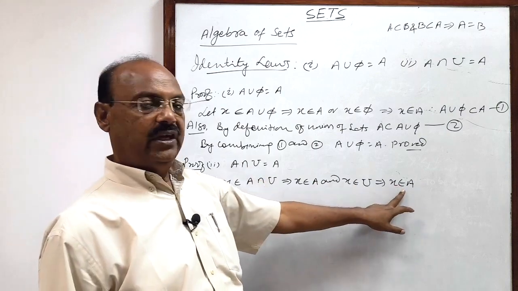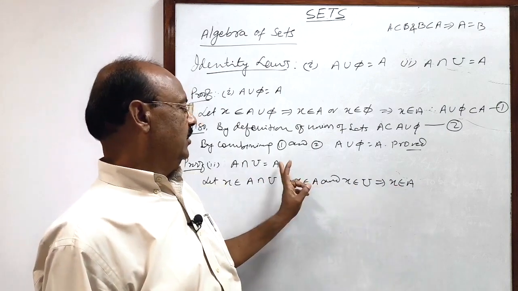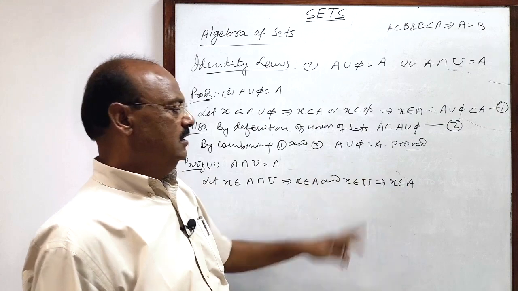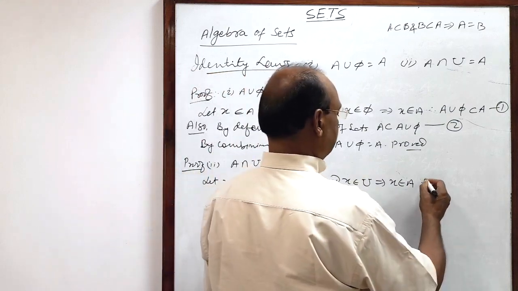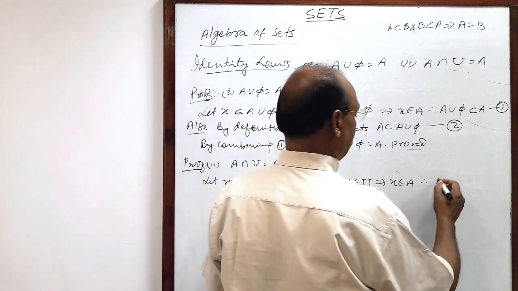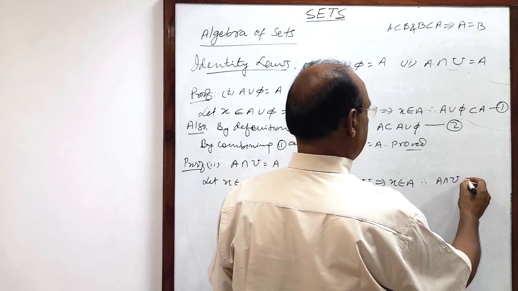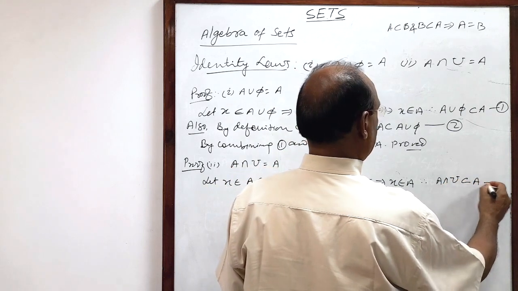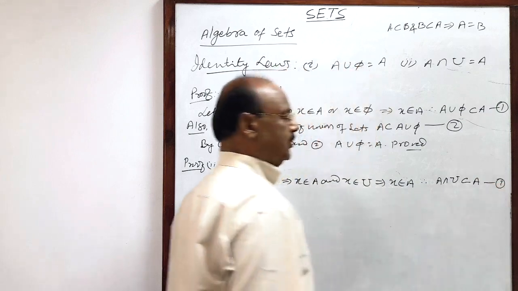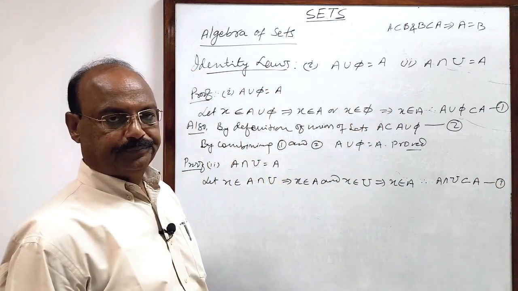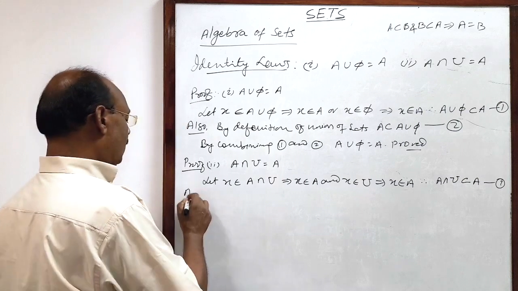We are coming here to X belonging to the set in the right hand side. So therefore, set in left hand side, A intersection universal set, is a subset of set A. Relation number 1.